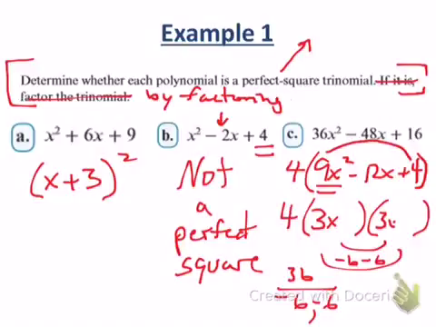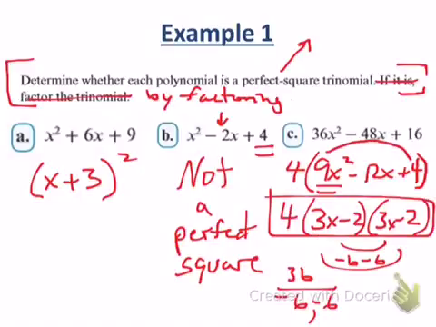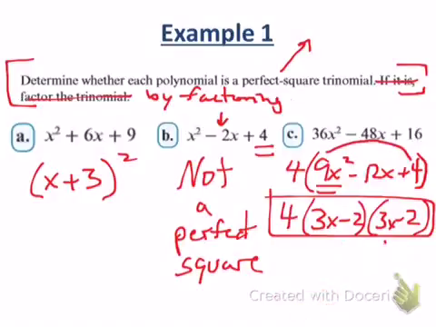And then both of these will be minus 2. Is this a perfect square? Yes. So you could write this as 4 times 3x minus 2, 3x minus 2, or we could write it as what? 4 times 3x minus 2 squared.